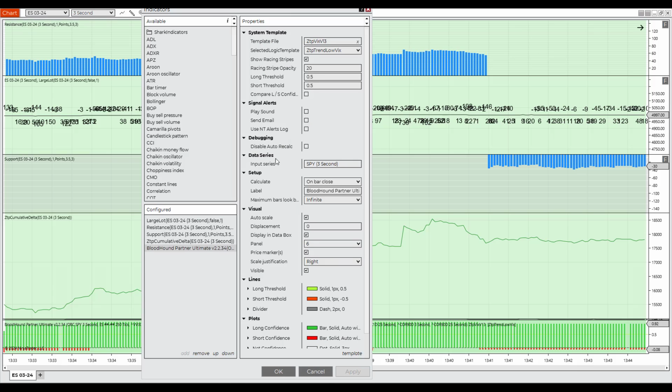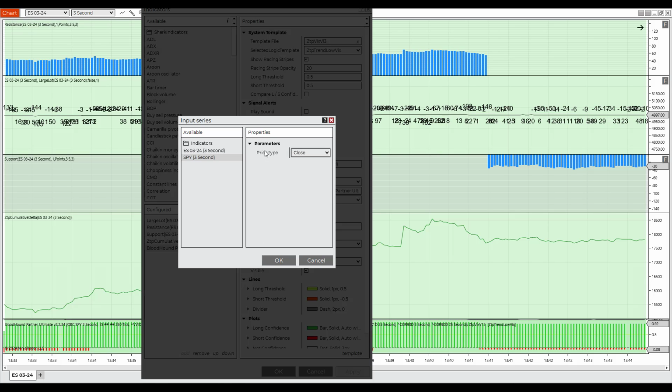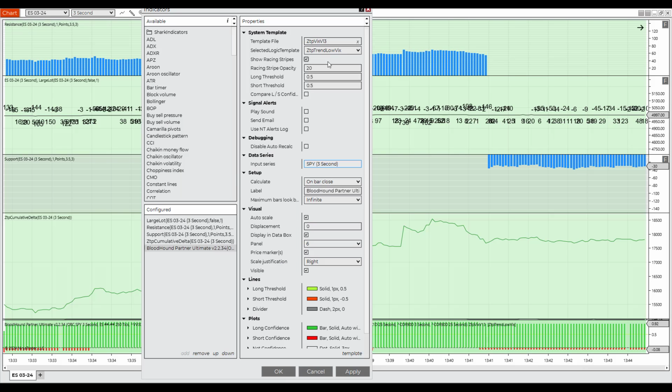If you are going to use Bloodhound on an ES chart, you need to put the SPY on that chart also. And then you need to put Bloodhound and tell it to do the input series here and choose SPY if you're going to use one of these four solvers.